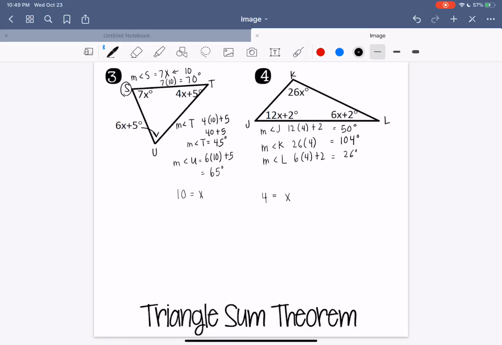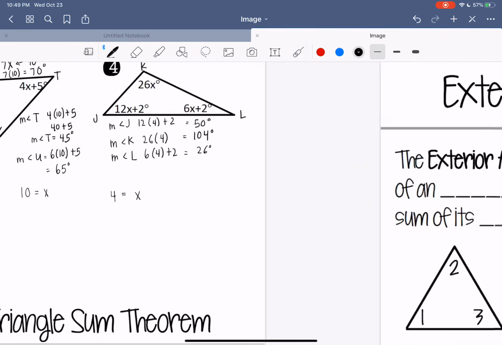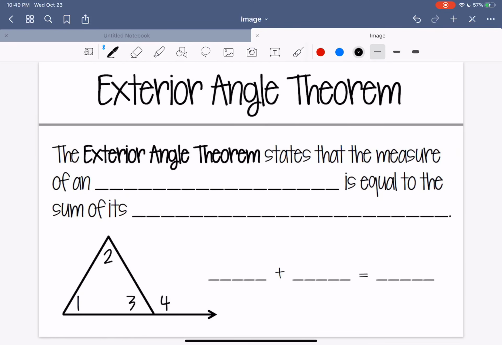All right, and when you flip open again at the bottom, you're going to have a really long page that starts with the exterior angle theorem. So I'm going to go ahead and read through this.